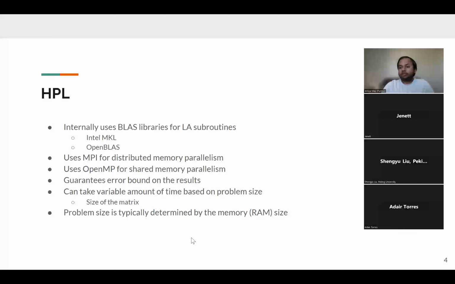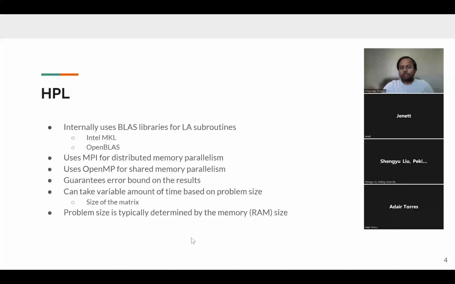And then it also needs an MPI library for running across nodes, right? So if you are running HPL on multiple nodes, which will be the case in this competition, you will need an MPI library to build HPL with.